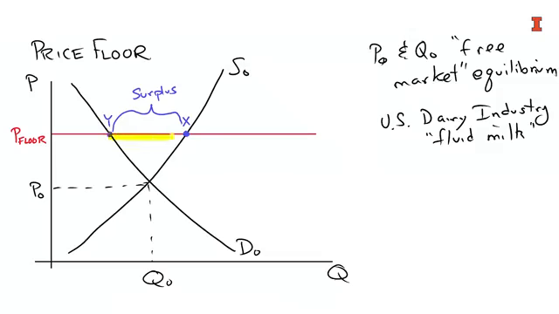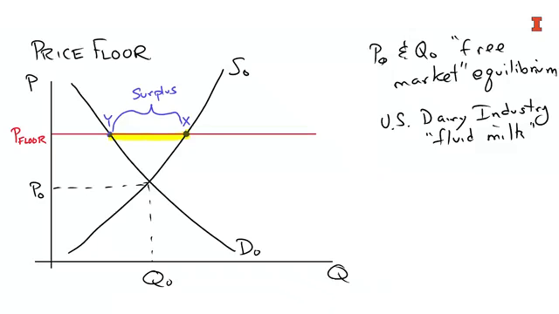There's a lot of extra milk out there. Who's going to buy that? At that price of the floor, there are no buyers. Well, it turns out the only way the government could make this happen is for the government to be the buyer. So the government would wade in and say, we're going to guarantee the price can't go lower than that. And the way this happens is that we will, in fact, purchase this amount.